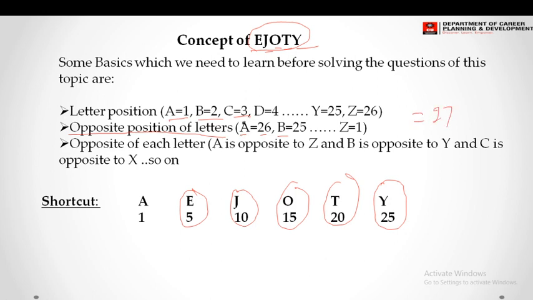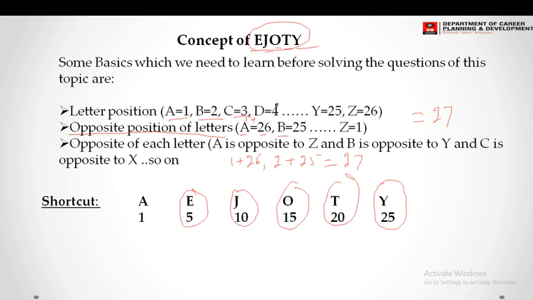For example, A is on first position, 1 plus 26 is 27. Or B is on second position, 2, and its opposite is 25. So this is equal to 27. This is the best way to find the opposite position of an alphabet.